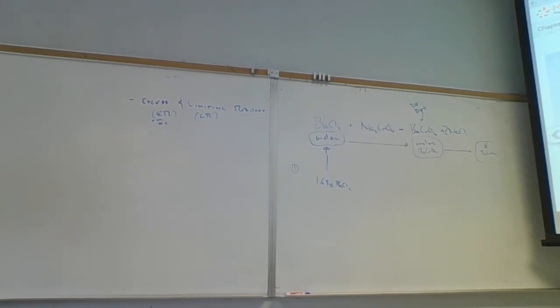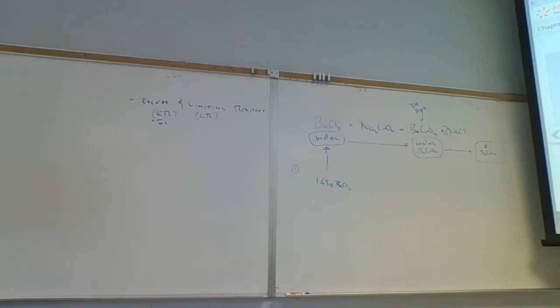Each chlorine is 35.45, so this is going to give us 70.90. So this is 208.23. And so a mole of barium chloride weighs 208.23 grams. And so the grams of barium chloride cancel.